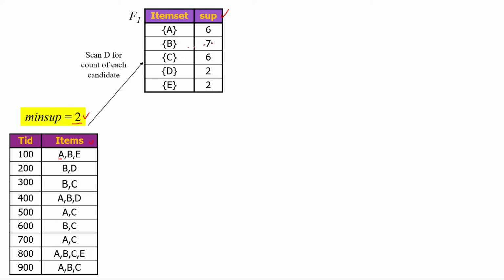Similarly, item set B occurs 7 times in this transactional database, C occurs 6 times, D occurs 2 times and E occurs 2 times. So in this transactional database we have A, B, C, D and E, only 5 items. So you can see all the 5 items are frequent one item sets. So there is no item that we can remove because our support is 2. So all the items in these transactions occur minimum 2 times. So all the items are frequent one item sets.